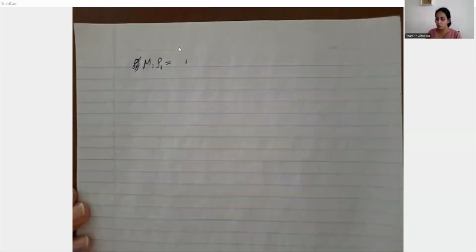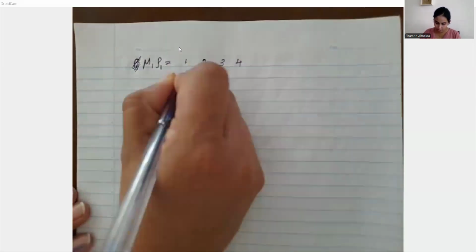Now we are going to calculate mu1 rho 1. Mu1 is given by, so what happens over here, if we think about it, if we don't really write these elements, I will just put it over here.